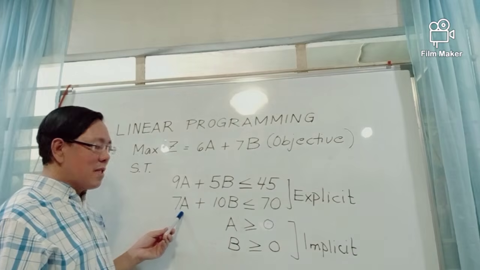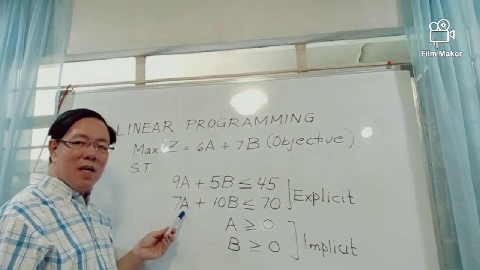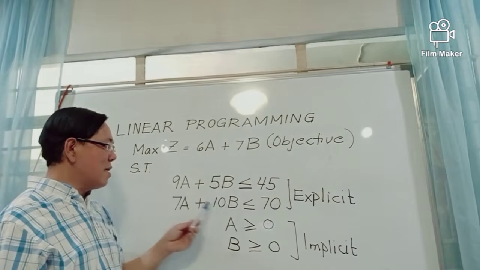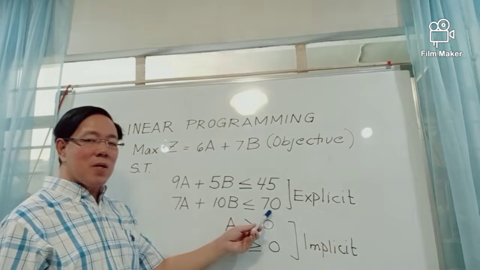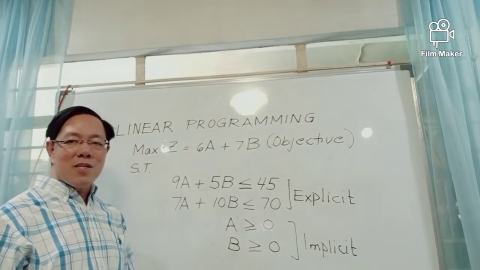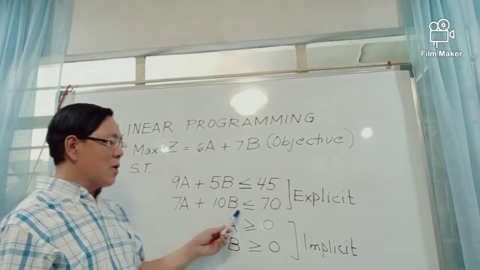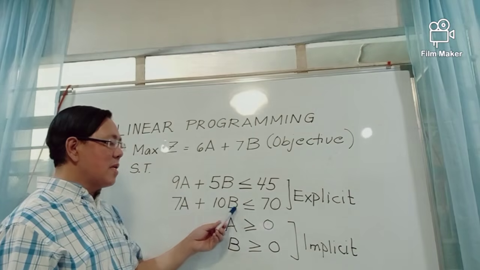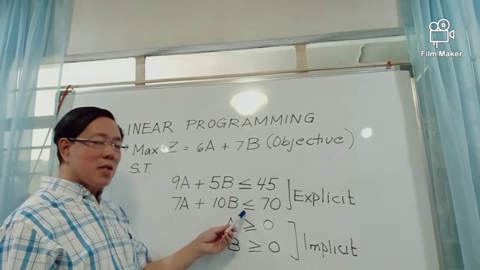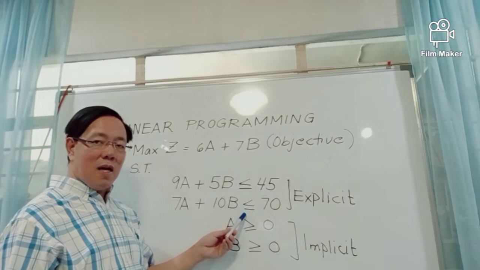Similarly, in the second explicit constraint, the exponents of A and B are 1. So this explicit constraint is also a linear inequality. It is a linear inequality because the exponents of A and B are 1, and it contains one of the inequality signs.